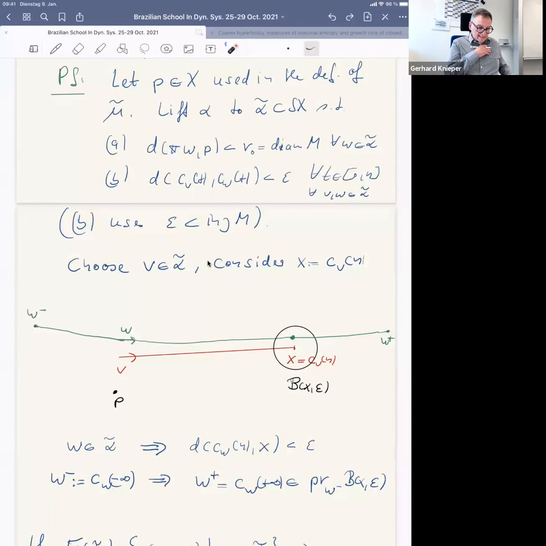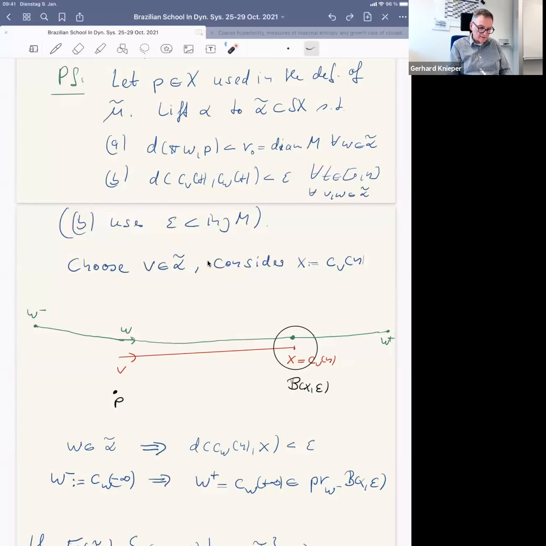And what you get is that the geodesic in the other direction, and this endpoint, v plus, is by definition in the shadow of the ball B(x, epsilon) when you shadow from this point w minus. Yeah, that's by definition, because the geodesic will hit this ball, and this will certainly be in the shadow of this ball if you do the shadow with respect to this point w minus.